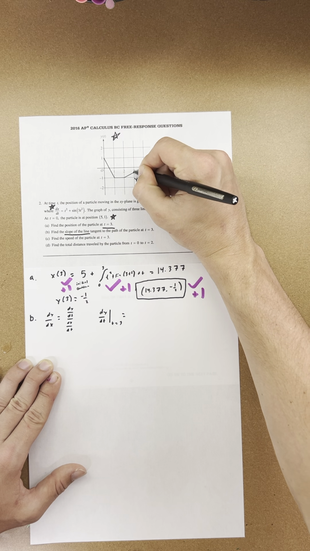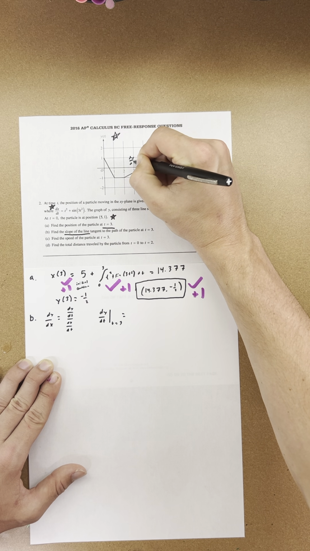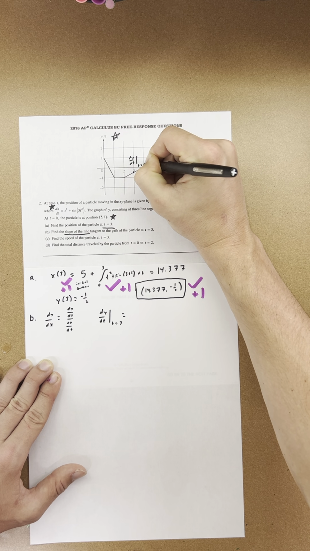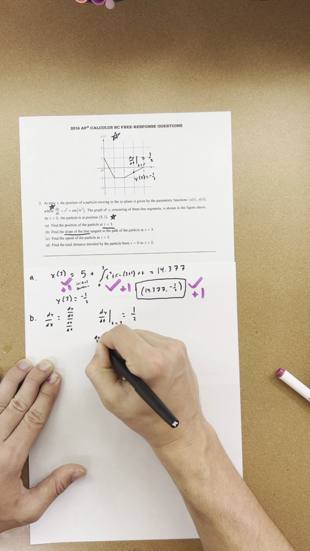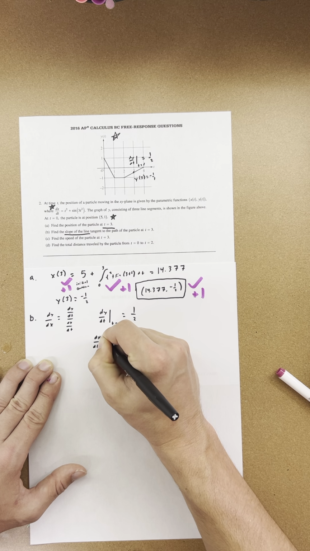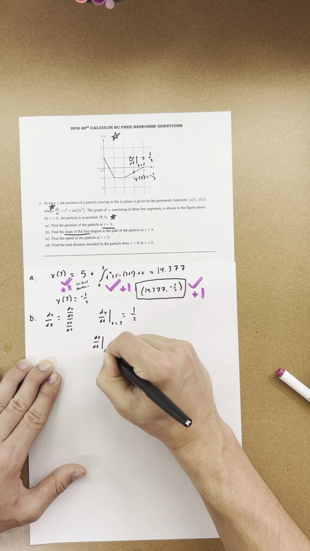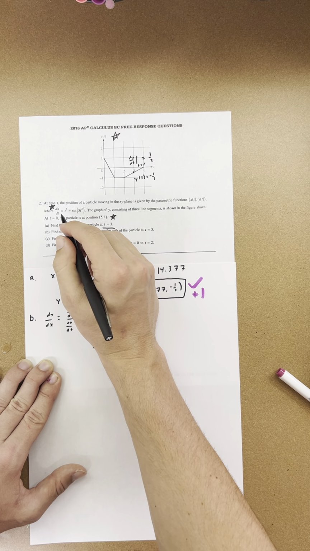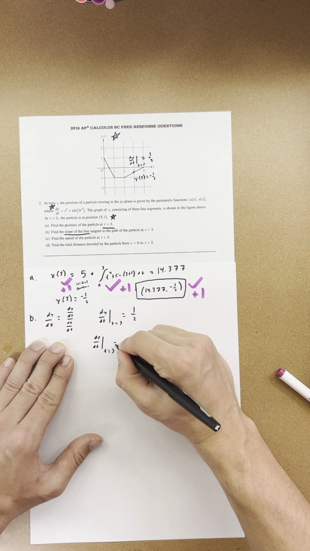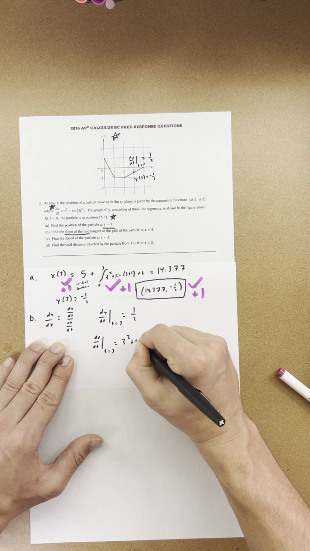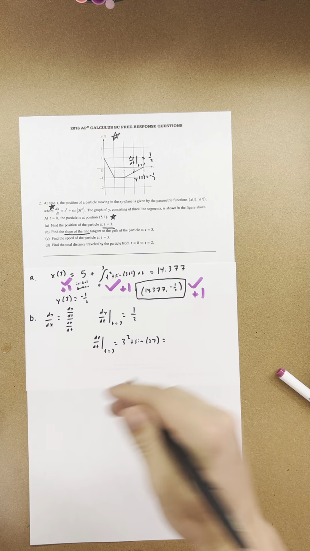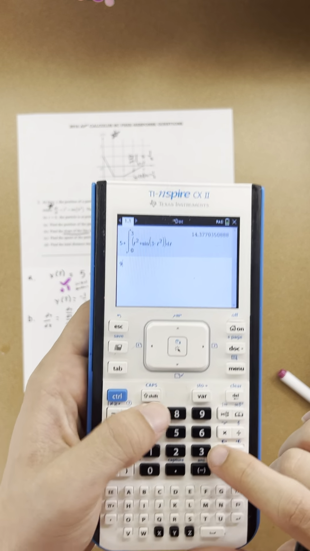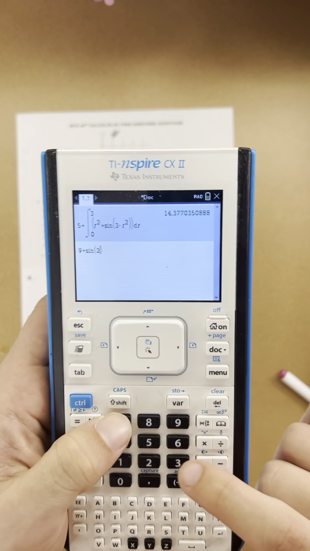So right here, we see that the slope at t equals 3 is 1/2. For dx/dt, we're given the equation, so we're just going to plug into the dx/dt equation right here. So that's going to equal 3 squared plus sine of (3 times 3 squared), which is 27. 9 plus sine 27 equals 9.956.